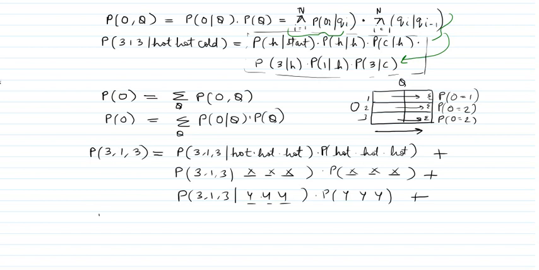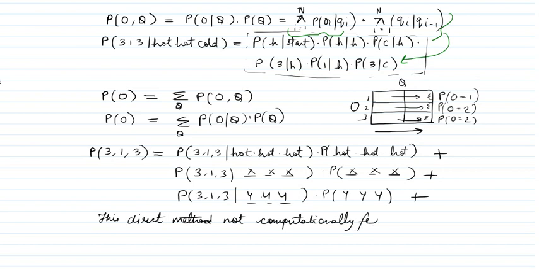Let me write, this direct method is not computationally feasible. Just for 10 observations, I have to do a lot of calculations, 1,000 times the calculations in each expression, right?